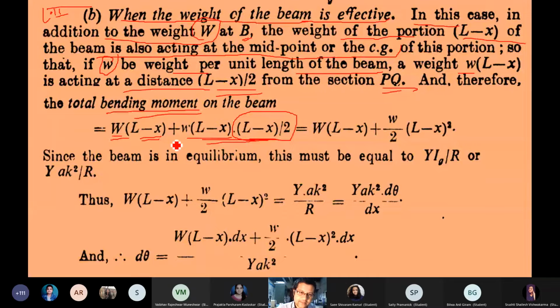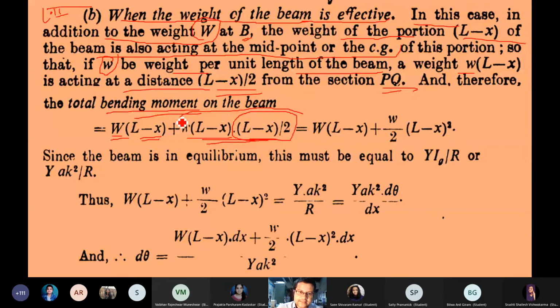Hope you understand this mathematics part. This part has been considered as a special case, another case we are solving here, where we are considering some approximation. This portion has its own weight acting over the average length, and that is how you can write the bending moment of this portion.